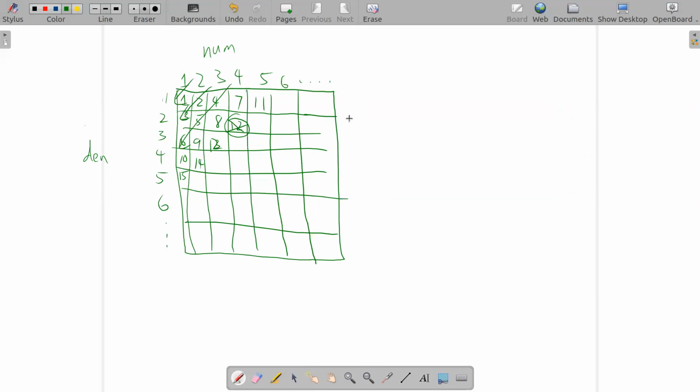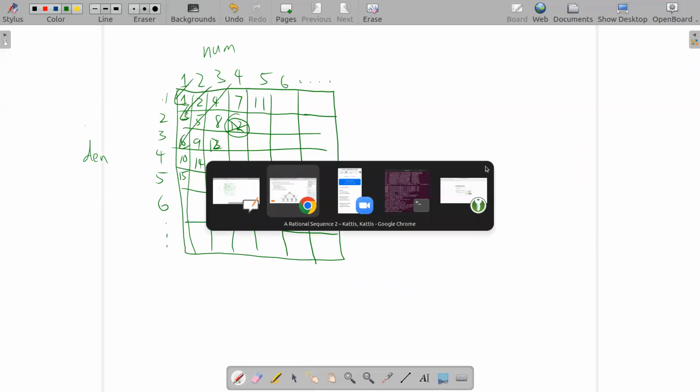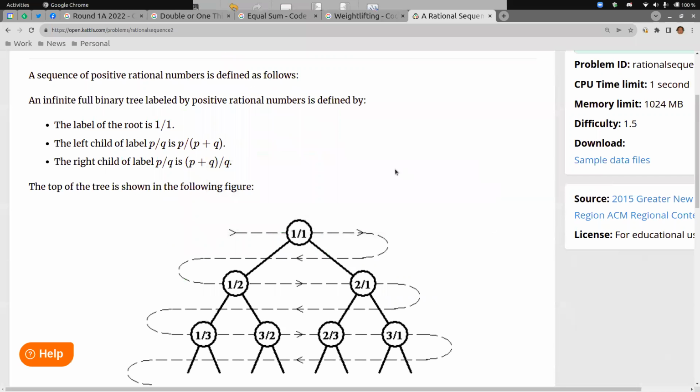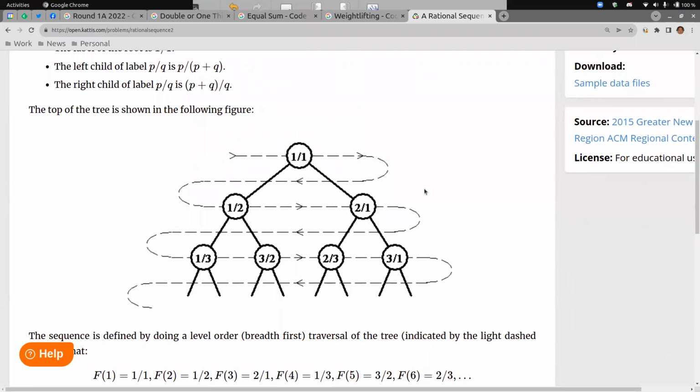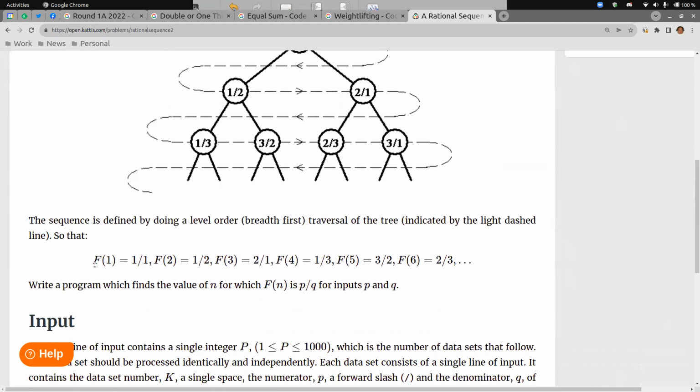So what is true is that if you believe that every single rational number is listed in this tree somewhere, then that's a different proof that rational numbers are countable, because you directly map every rational number to an integer index.